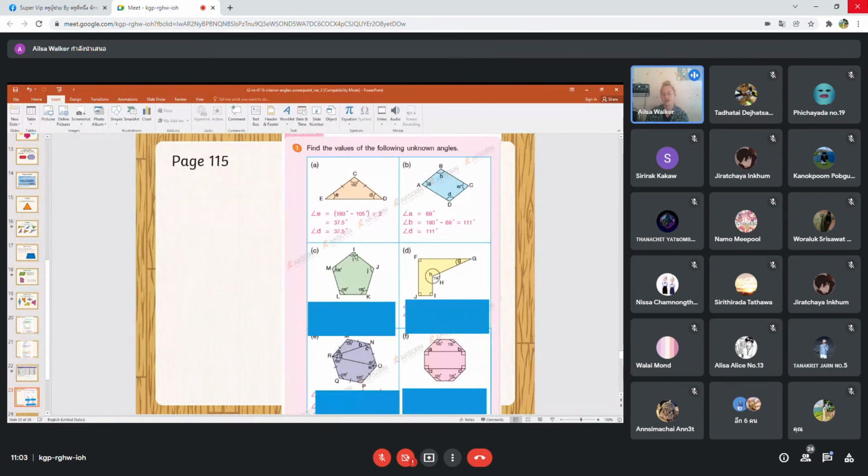So J and I, what will the angles be? They're equal, so it's going to be the same. They are both 108. They are all equal.